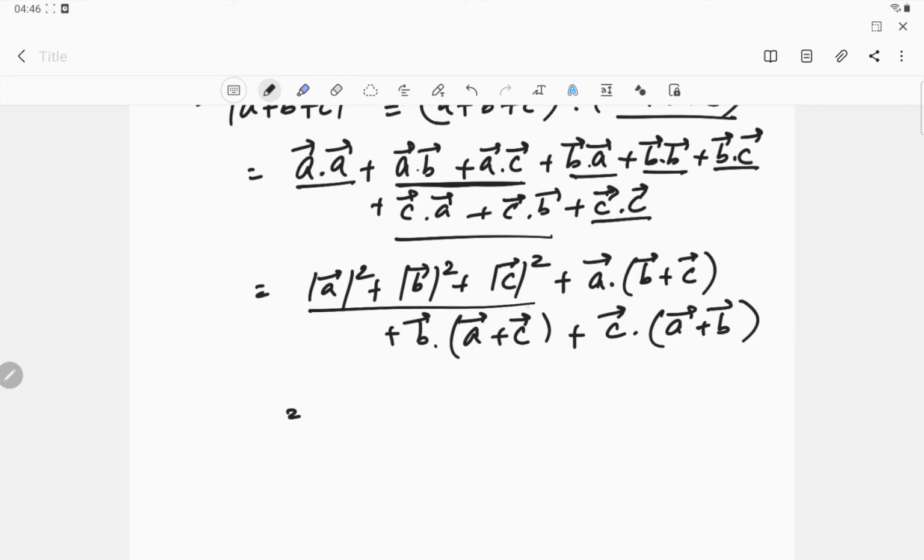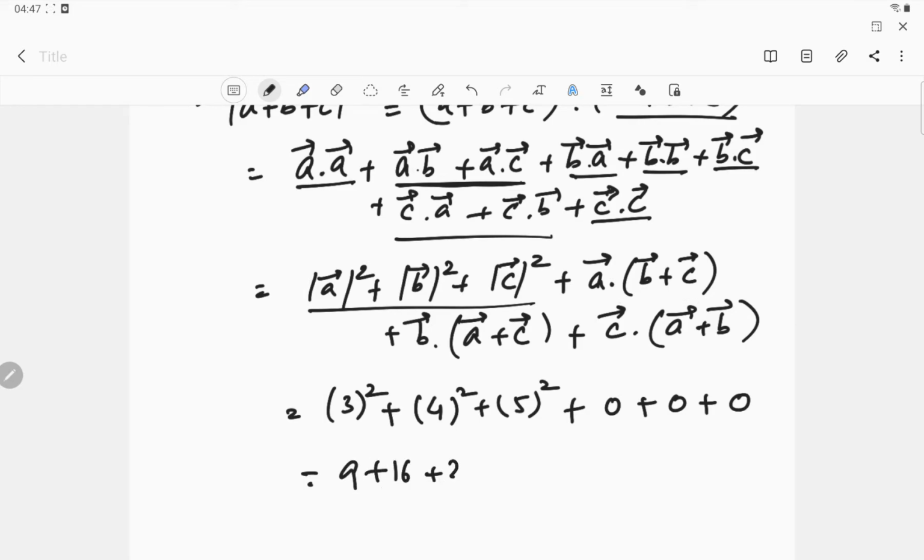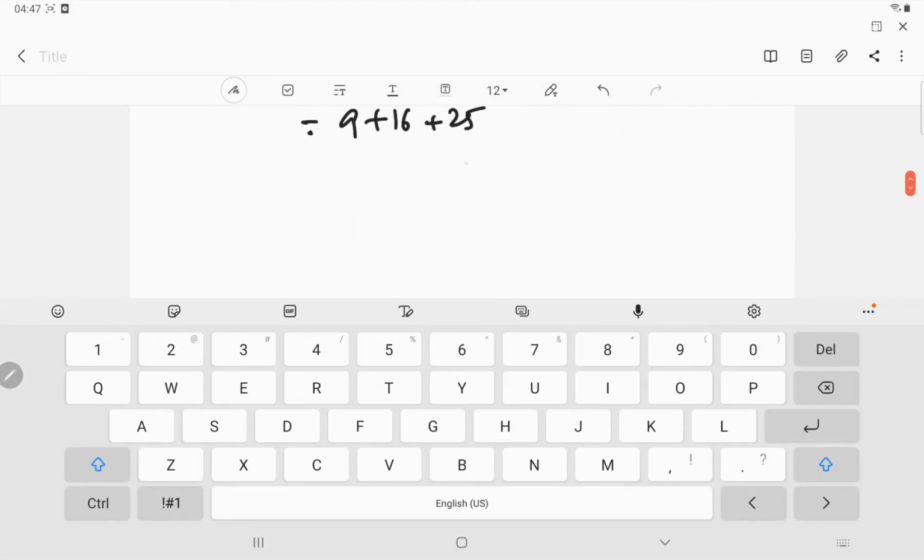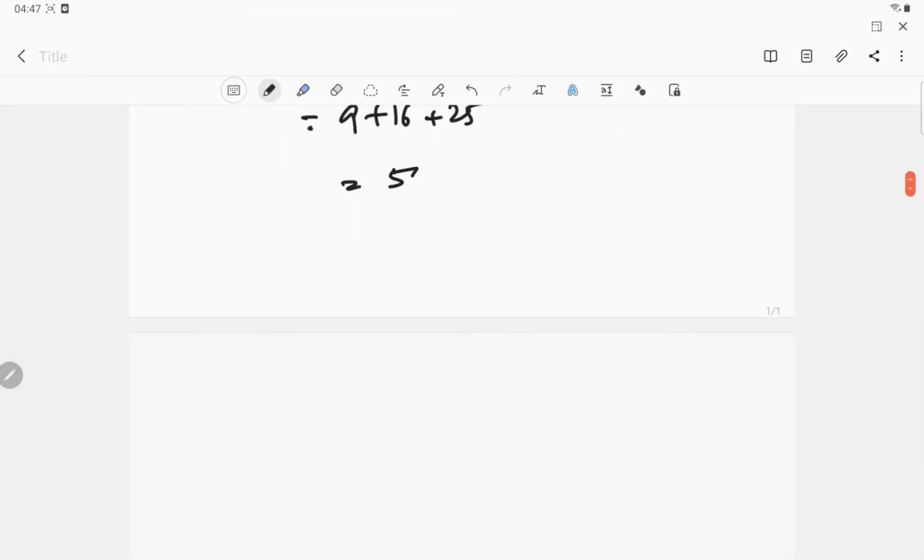And here we are going to put the values of the magnitudes of A vector, B vector, C vector: 3 square plus 4 square plus 5 square, and the rest of the terms will be 0 because it is given that these vectors are perpendicular as described. So 9 plus 16 plus 25 is going to give us 50.